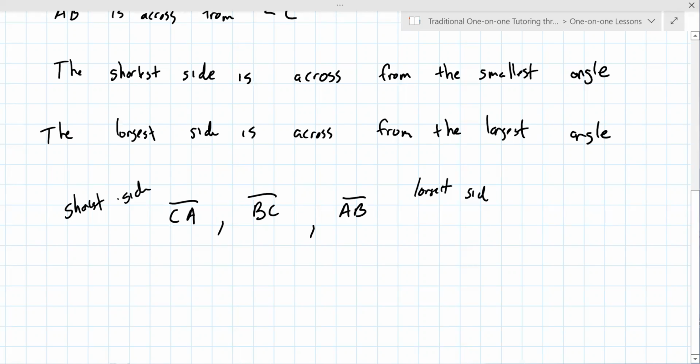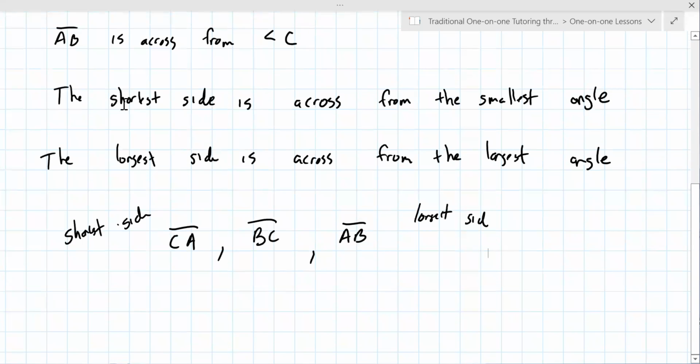We're gonna do another problem like this one. But before we do that, I need you to read out loud these two statements about the shortest side and the longest side. The shortest side is across from the smallest angle. The longest side is across from the largest angle.